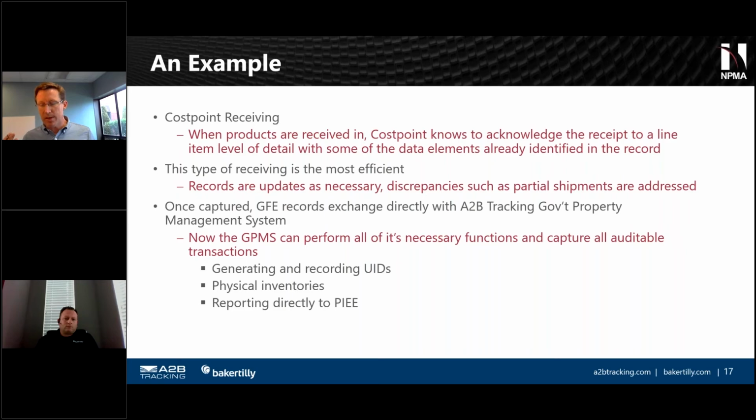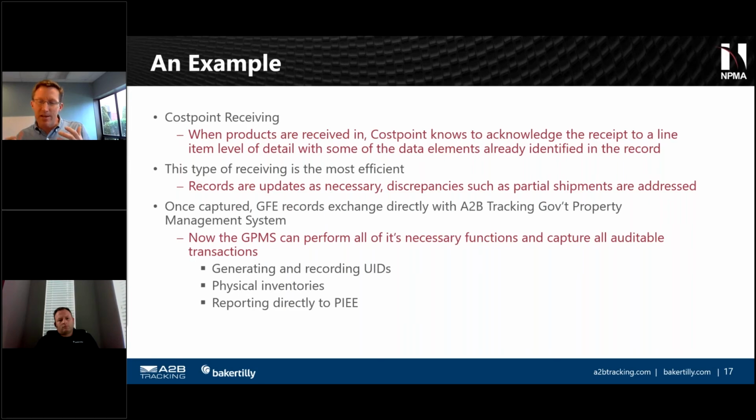But what's important to recognize here is once those are received through a main system like Costpoint, it can then be automatically fed down, directly exchanged to the A2B Tracking government property management system.